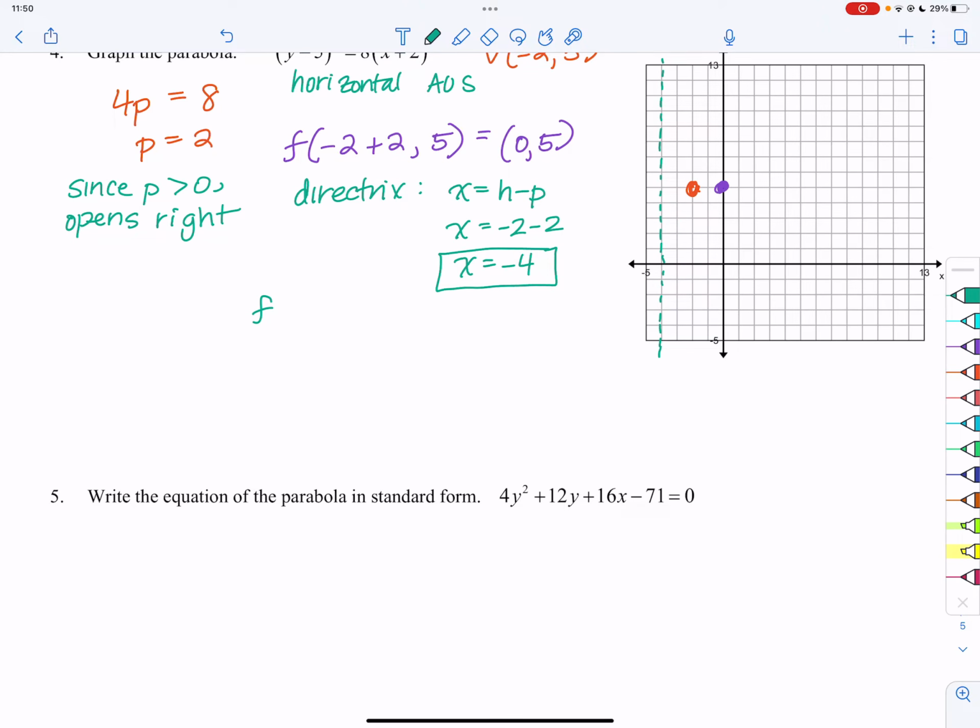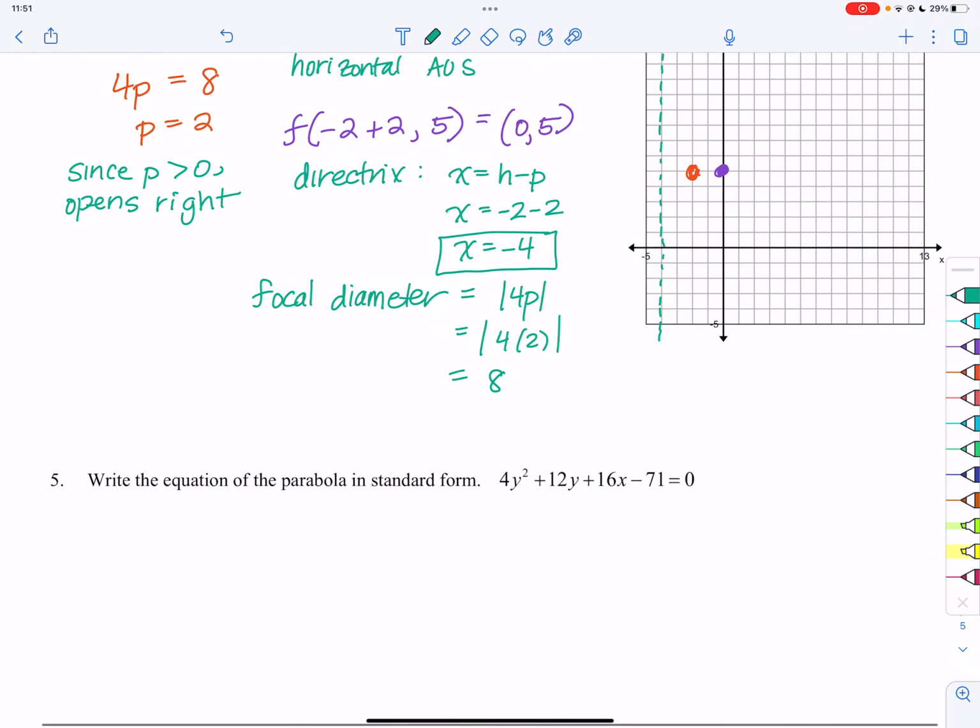Okay, and now we'll find our focal diameter. And that focal diameter is the absolute value of 4p. And that's the absolute value of 4 times 2, and that's 8. So the focal diameter is 8.